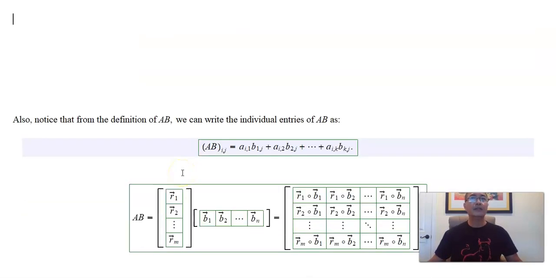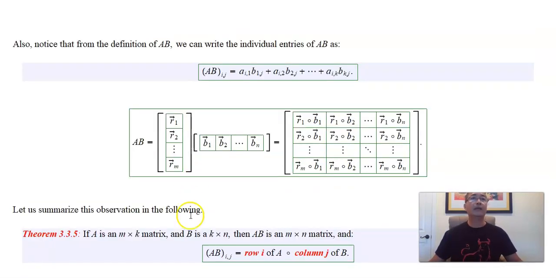Now, to end this video, let's just take a look at another way to look at a matrix product. We saw this in section 2.4, or maybe it was 2.5, where we looked at the matrix product with just one column as dot products. So if you had only one column, you will take row 1 of the matrix on the left and dot it with that column. So that's what we have over here. You have row 1 dot with B1. That's the first entry.